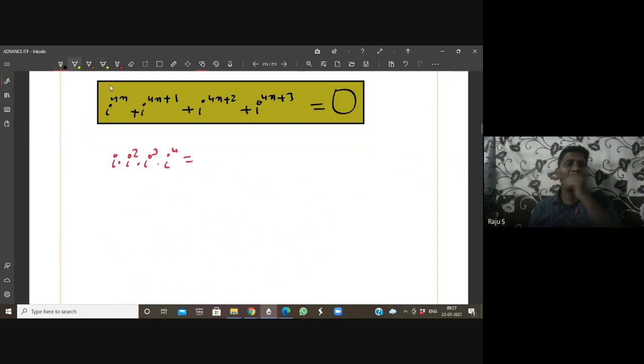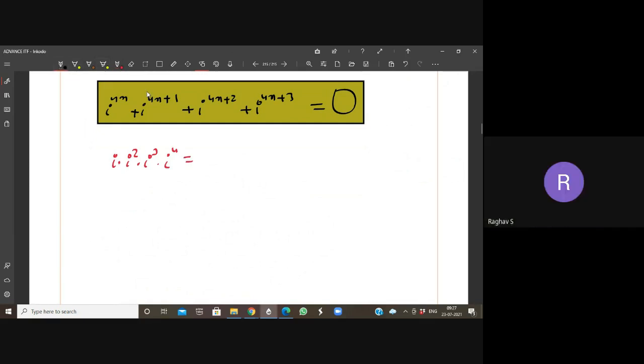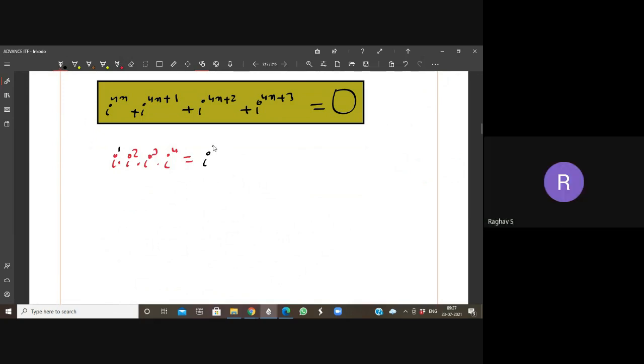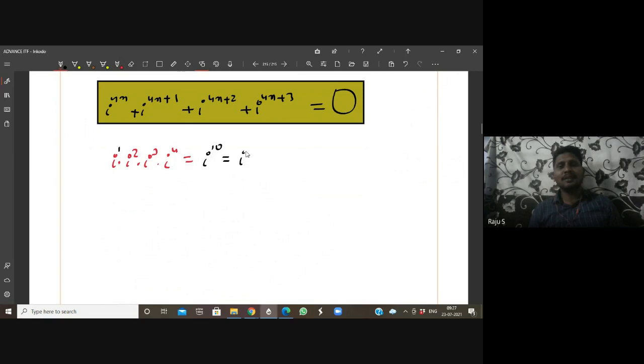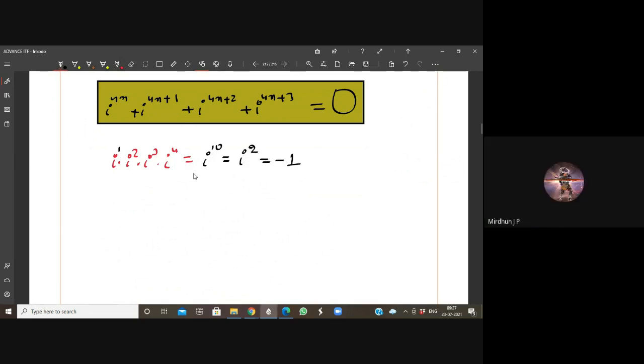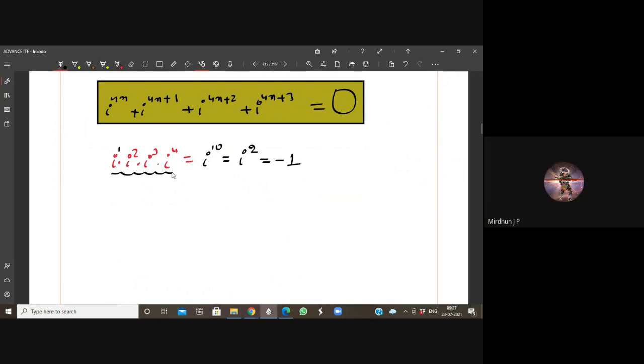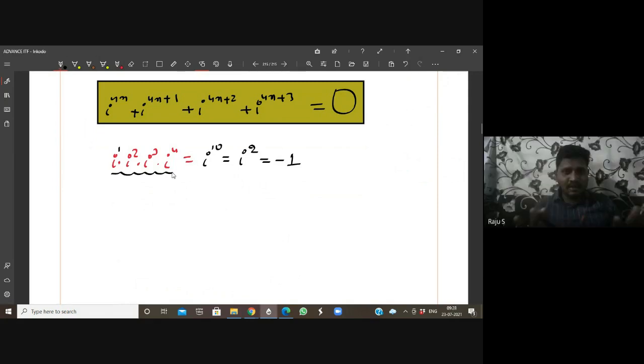The base is the same, so you add the powers: 1 plus 2 is 3, 3 plus 3, totally 10. i power 10 is nothing but i squared, which is minus 1. So finally, the product of continuously 4 terms becomes minus 1.